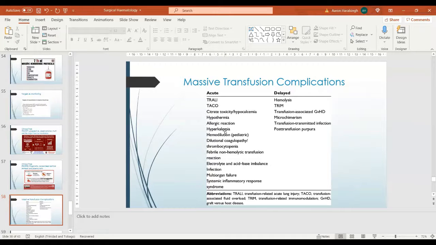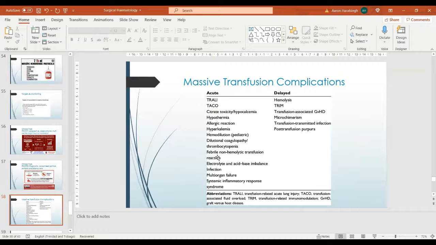Lysis of those red cells can lead to hyperkalemia. You can also have hemodilution as a result of large volumes of platelets and plasma as well. There's dilutional coagulopathy or thrombocytopenia, which can occur.